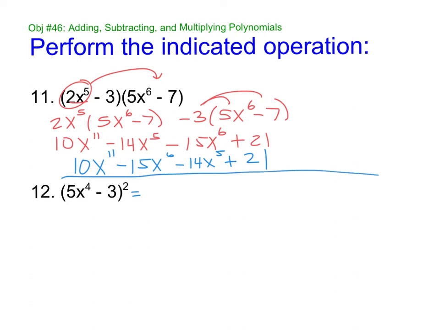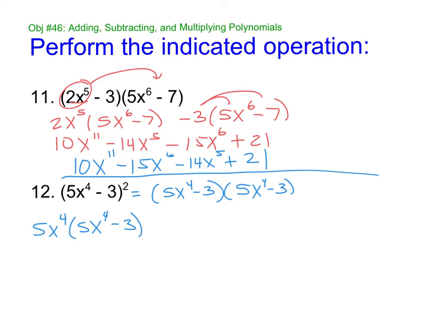Remember, a squared is times itself. So 5x to the 4th minus 3 times 5x to the 4th minus 3. So 5x to the 4th times 5x to the 4th minus 3, and then minus 3. My 5s are turning into s's, I'm sorry.